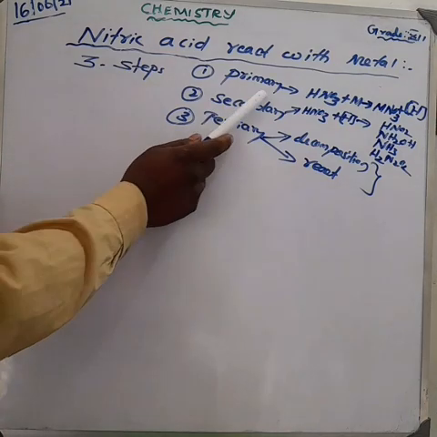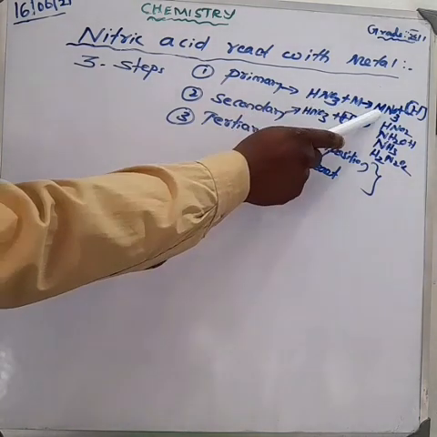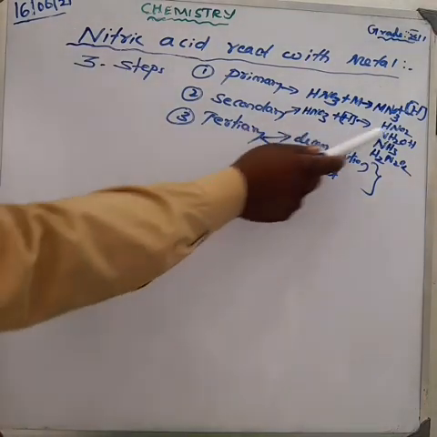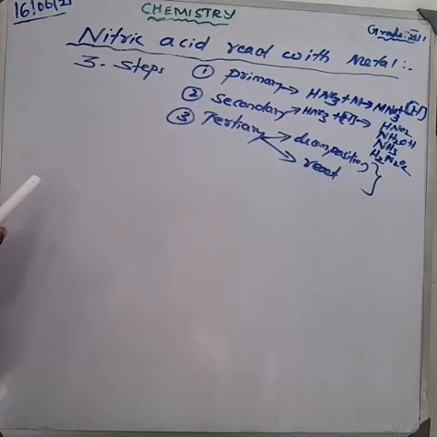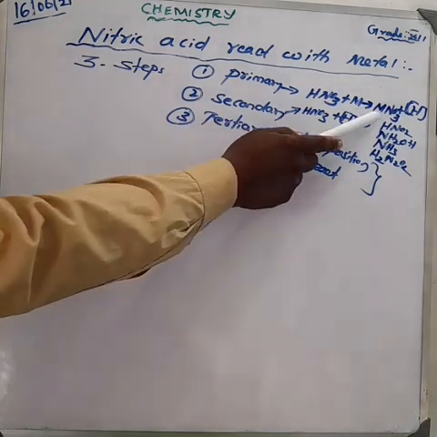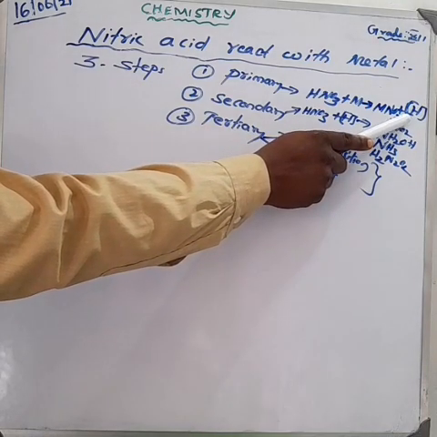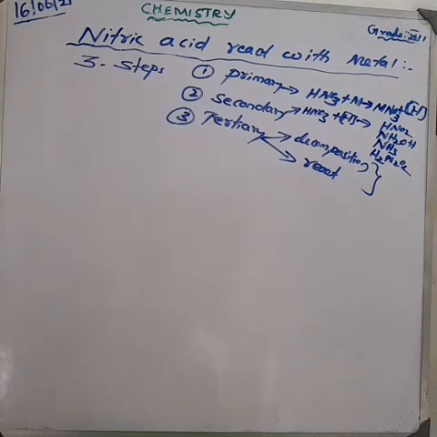In the first step, nitric acid reacts with the metal to form metal nitrate and release nascent hydrogen. Can you understand, my dear children? Nitric acid reacts with the metal to form metal nitrates and also releases nascent hydrogen.